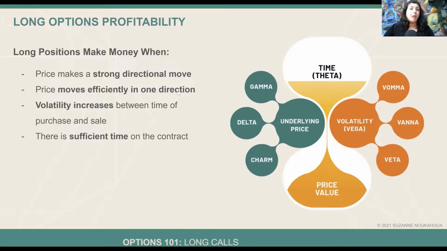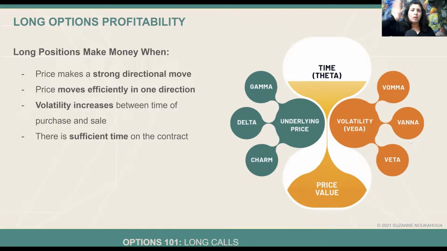And it is better when price is moving efficiently. If you are looking at an underlying that has very low volume, then what can end up happening is that every time volume drops, the price will go up and then be flat, and go up and be flat. And that can be really difficult on your option contract, because that's considered a part of volatility, the speed of the move.